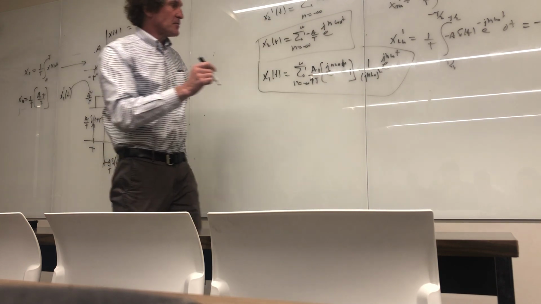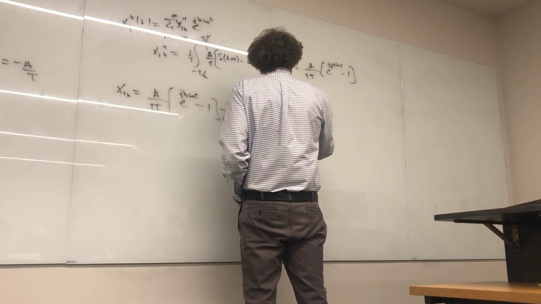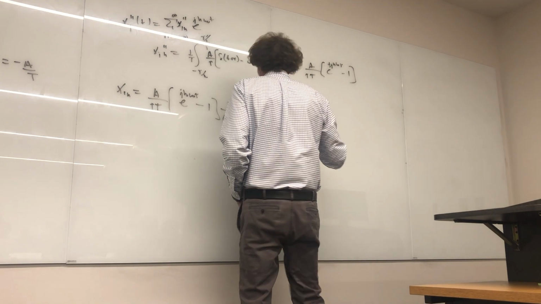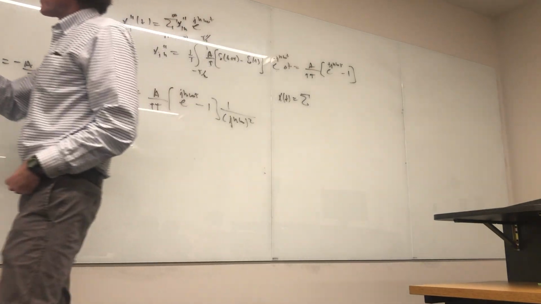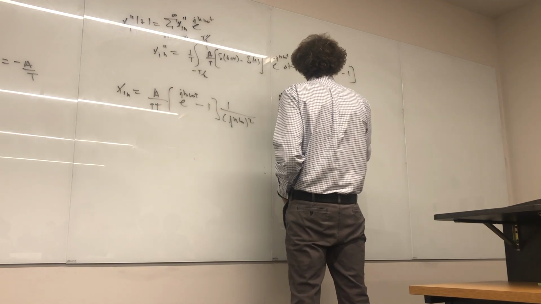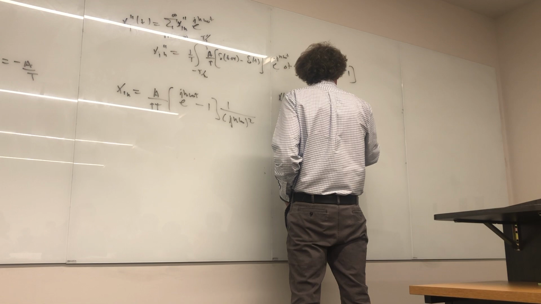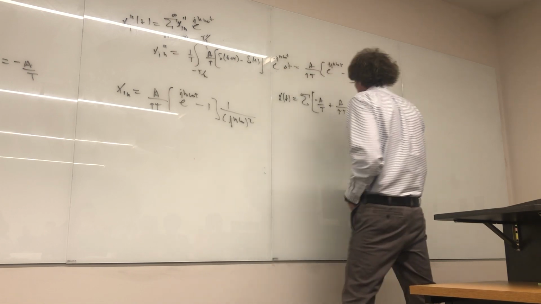And once you do that, you find that the final series, x of t, is equal to a summation. And now I'll take the first coefficient, minus a over T, plus a over tau T, right? Pardon me.